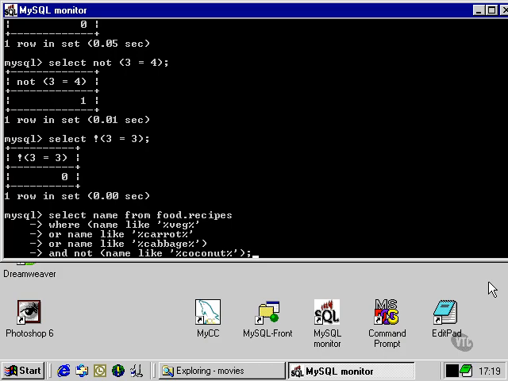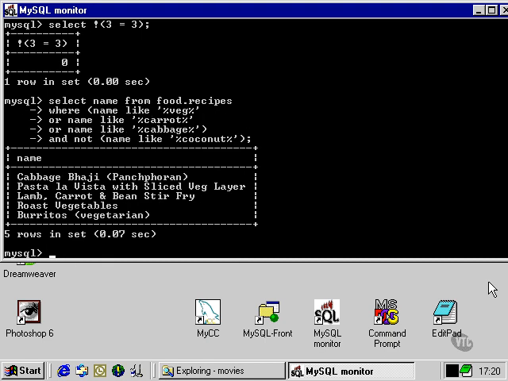So what we're essentially asking here is all the recipes that include either the letters veg, or include the word carrot, or include the word cabbage, but they don't include coconut in the name anyway. If the coconut was sneaked in within the ingredients, this wouldn't catch all the recipes with coconut, but at least we're cutting down on the kind of recipes that we're going to get back by using the name as a criteria.